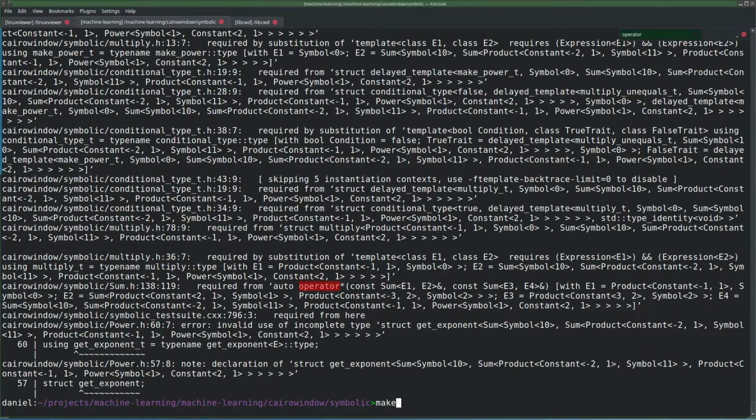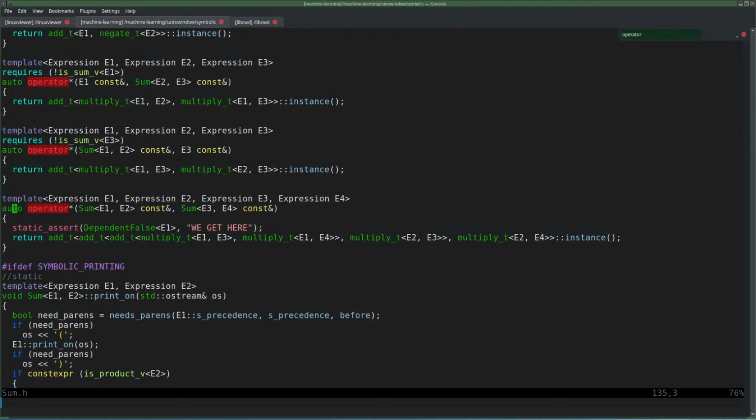So that's the one that's being used. And then from there we call one of the multipliers, I suppose.